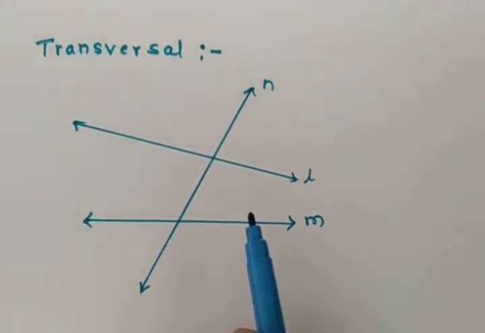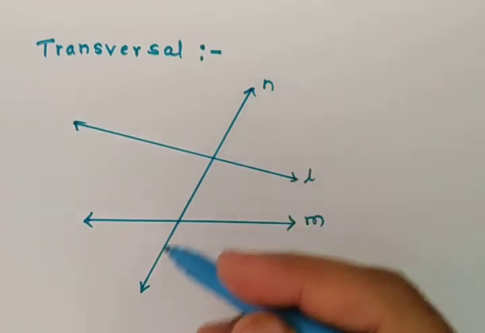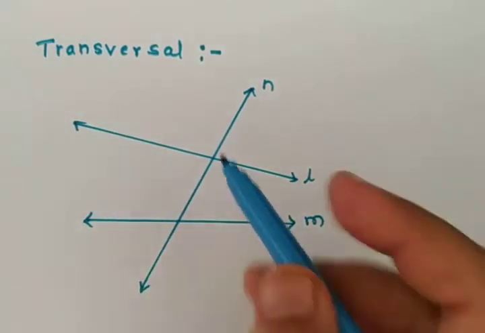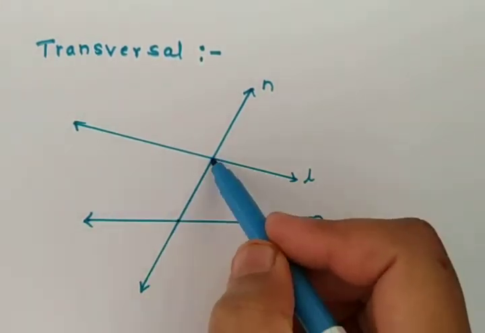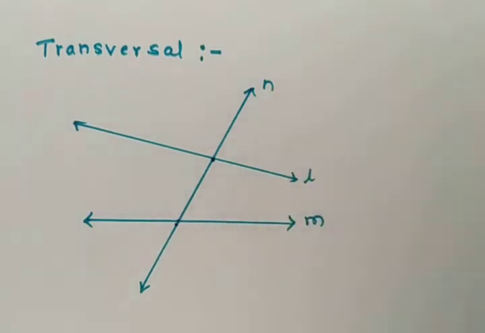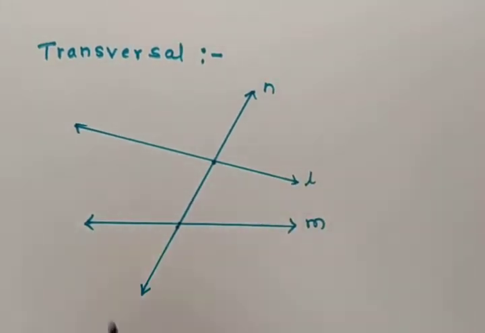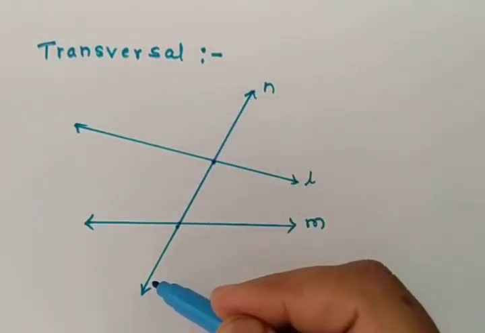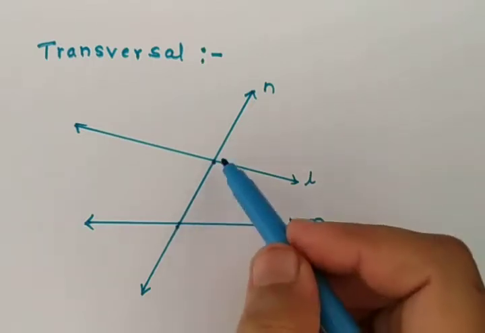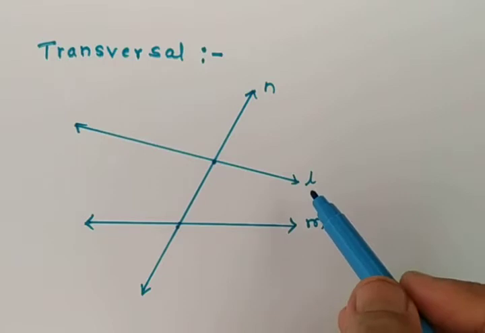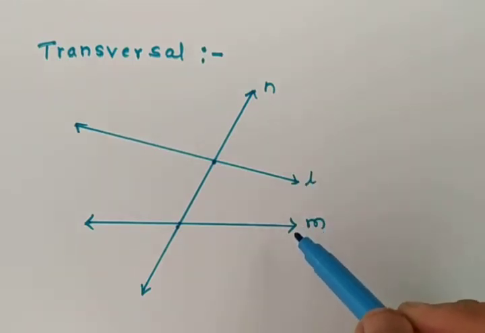So what do you mean by transversal? This transversal is a line that cuts two or more lines at two or more points. Such a type of line is said to be a transversal. Again I repeat, a transversal is a line that cuts or intersects two or more lines. It is not necessary that every time two lines will be there. Three lines also you can draw.